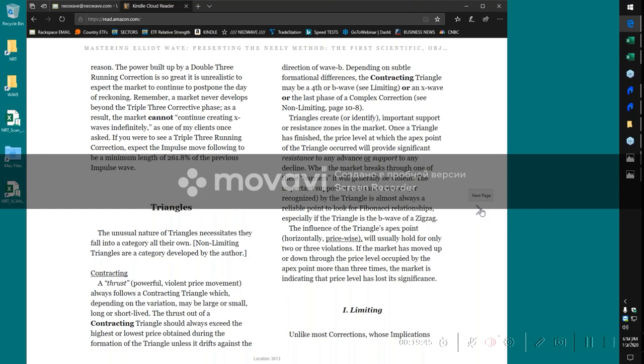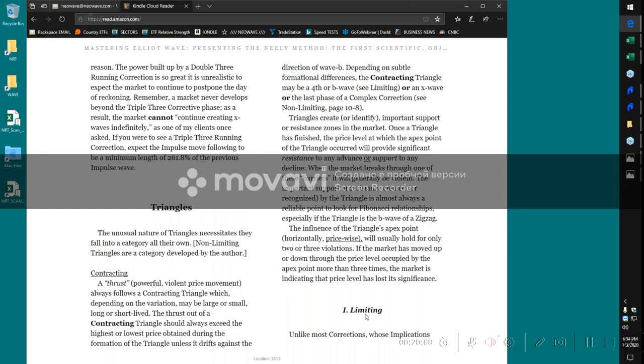And then when the triangle's done, if you're getting what's called a limiting triangle, which will only be a B wave or a fourth wave, then it's going to finish way before the apex point where you have a trend line across the B and the D high and the A and the C low, or vice versa. Where they converge is the point where the market thrust is likely to stop.